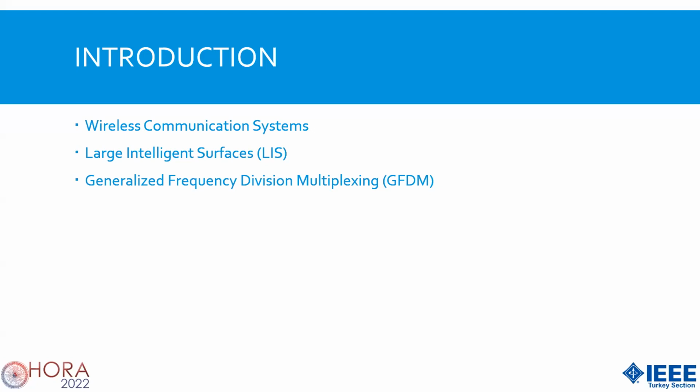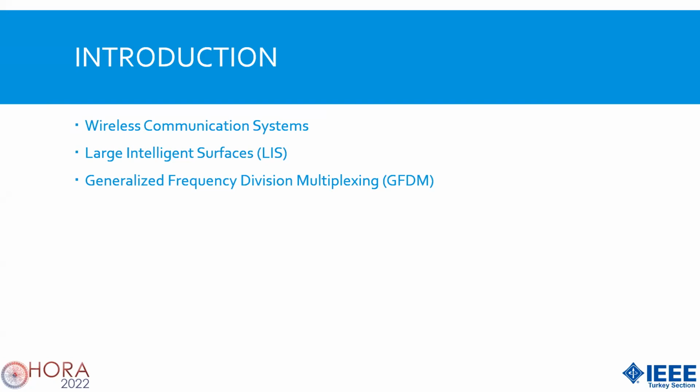GFDM is one of the multi-carrier modulation schemes used in 5G wireless networks, based on a filter bank approach, and has high flexibility. GFDM has many advantages over LTE-based systems and performs better by providing lower out-of-band emissions.